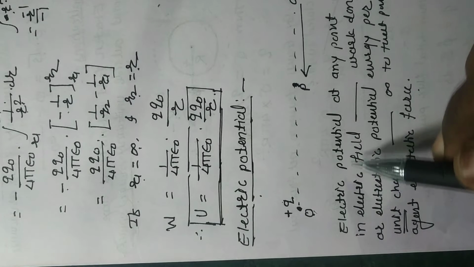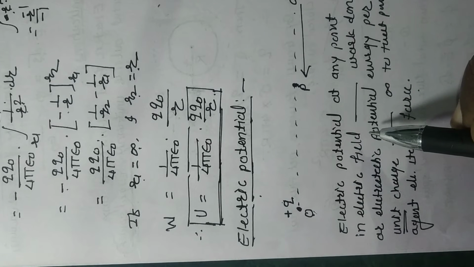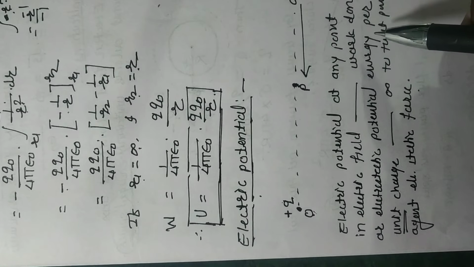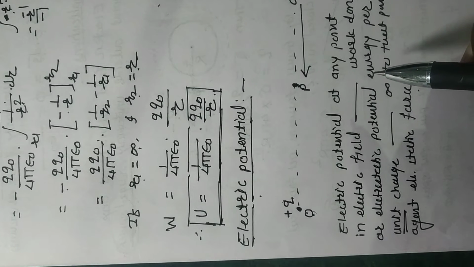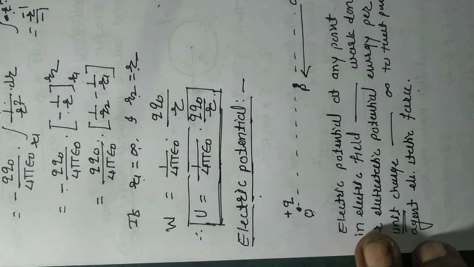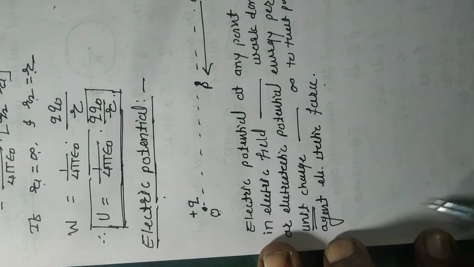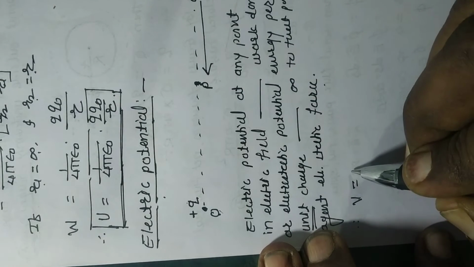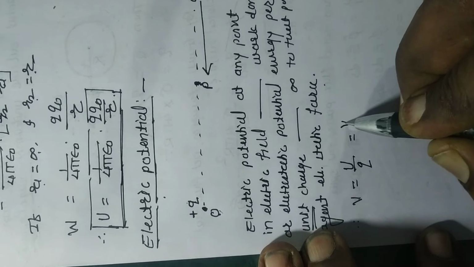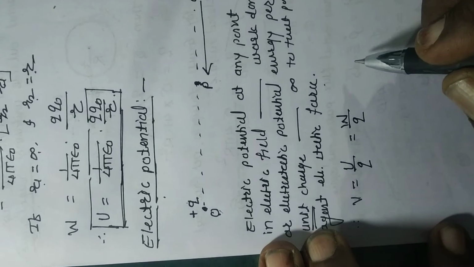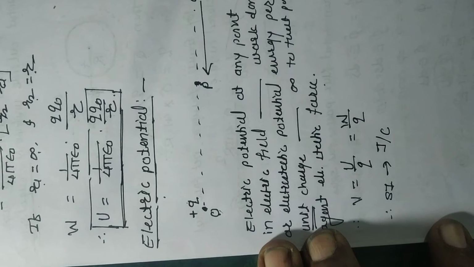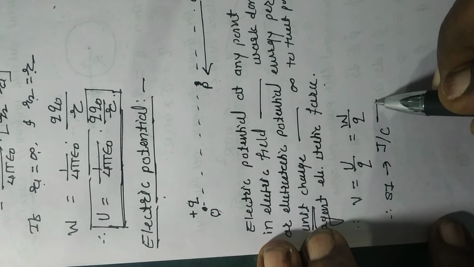Electrostatic potential or electric potential at any point in electric field is defined as electrostatic potential energy or work done per unit charge to displace from infinity to that point against electrostatic force, and therefore electrostatic potential is equal to electrostatic potential energy per unit charge or work done per unit charge, and therefore SI unit becomes joule per coulomb, and the convenient SI unit is volt.